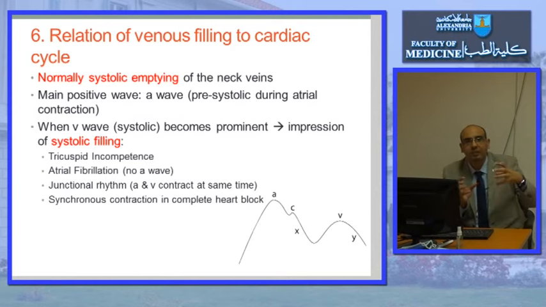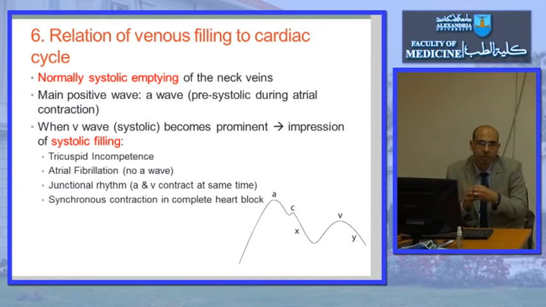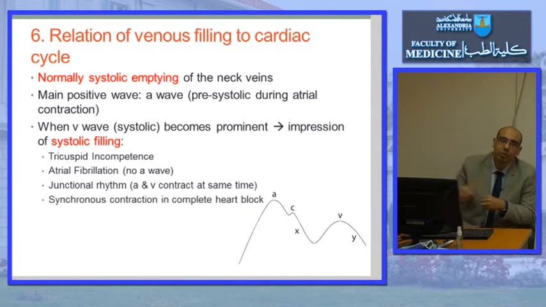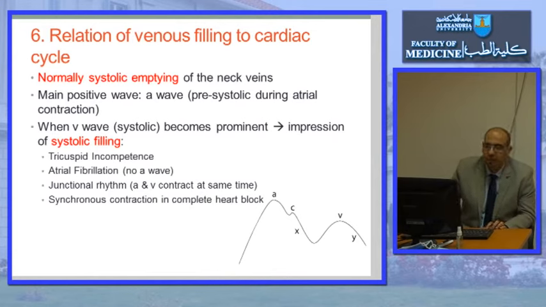That the atrium and ventricles contract at the same time against a closed valve. So when the atrium contracts against a contracted ventricle, it will find the valve closed, and it will cause the blood to go back to neck veins and cause it to be filled during systole. Again, to resume, normally there is systolic emptying of neck veins, but if we find there is filling of neck veins during systole, we should think of tricuspid regurg, atrial fibrillation, junctional rhythm, or complete heart block.